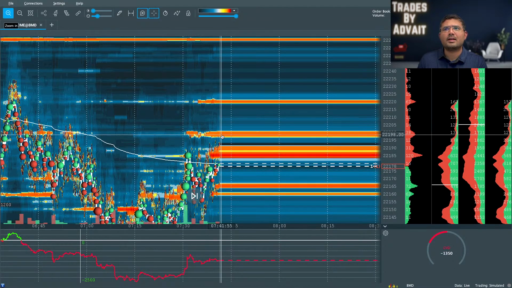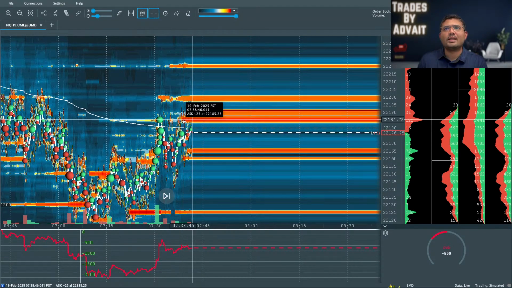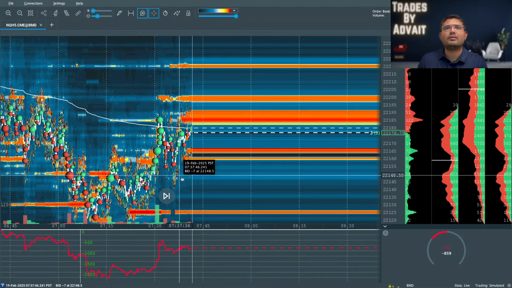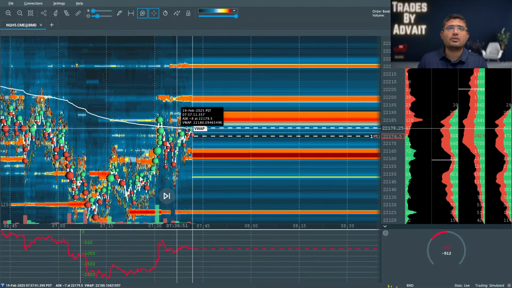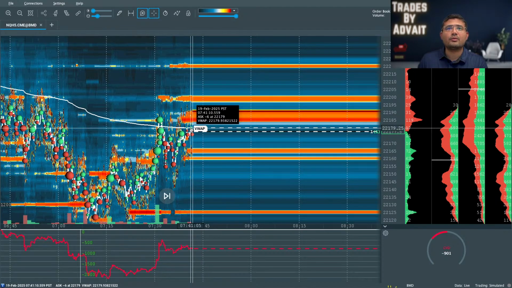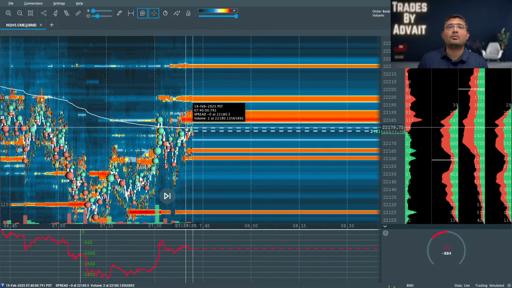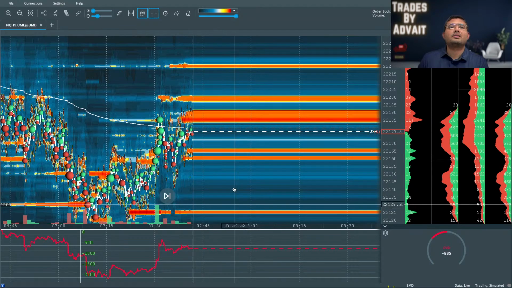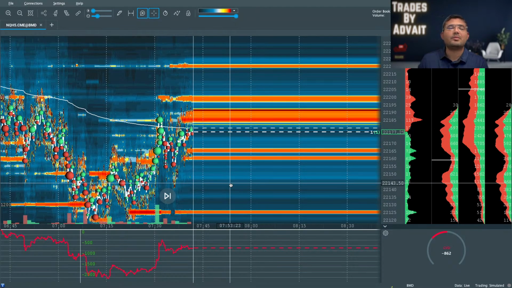The second is at 22,200, and there is a good resistance over here as well, 184. We need to be mindful of that, and obviously we are approaching the VWAP, the volume weighted average price. That is going to act as a good resistance. But if the markets can reclaim that VWAP, then it would be really bullish.